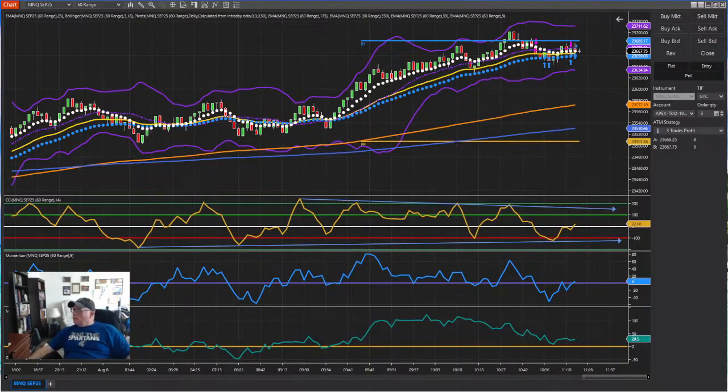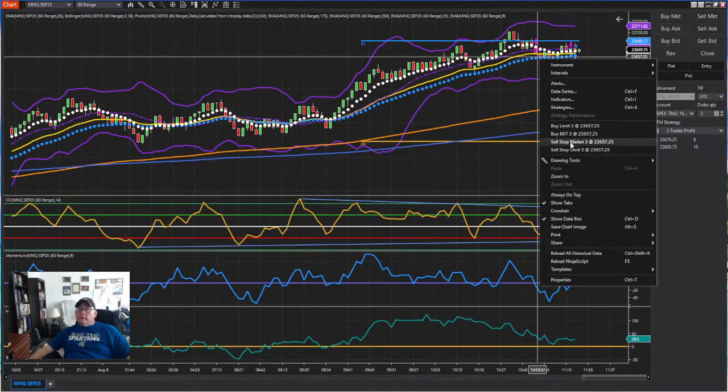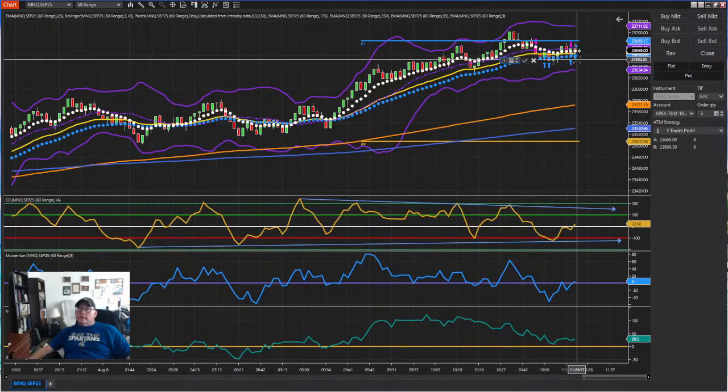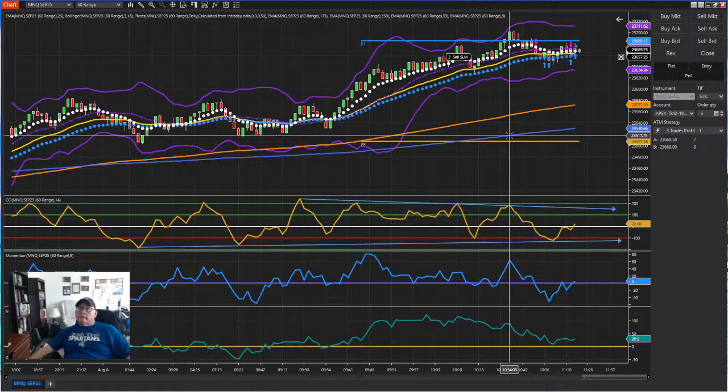Got two red bars formed. Looks like we're going to be short roughly right here, all things considered. Order submitted. Let's double check that. The red bar is last low.